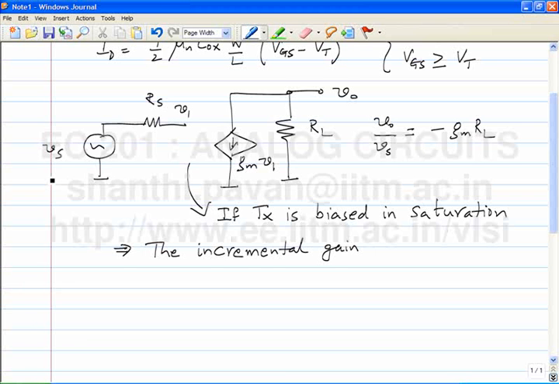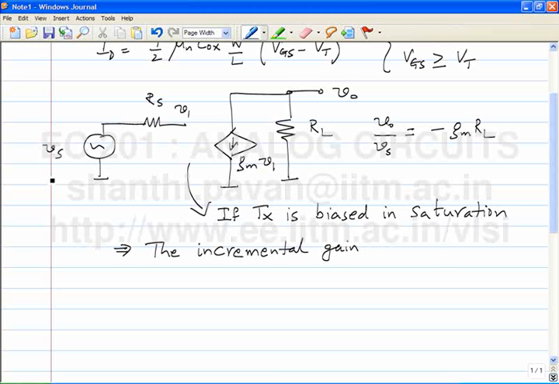The incremental current is GM times V1, which is the same as Vs. So the incremental voltage across the load is GM times Vs times RL. So V out by Vs is minus GM RL because the current is being drawn out of the resistor.